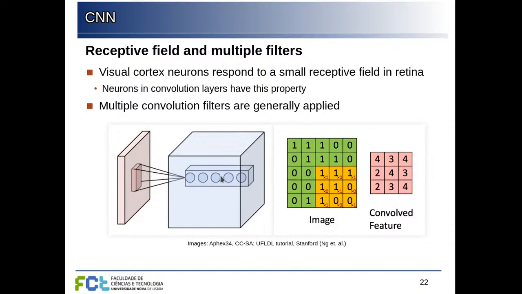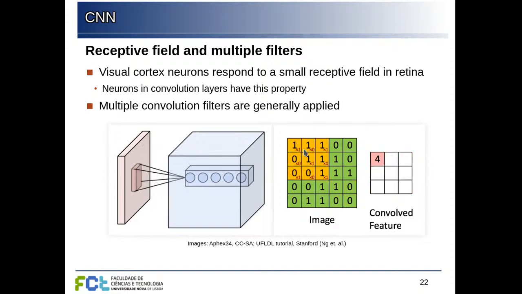So if we apply these 5 kernels, we will have 5 output values for this region of the input. But each kernel will be applied over all the range of the input. This could be, for example, a grayscale image. And so it will generate here this stack of 5 feature maps, each one the output of the kernel sliding over all the input.